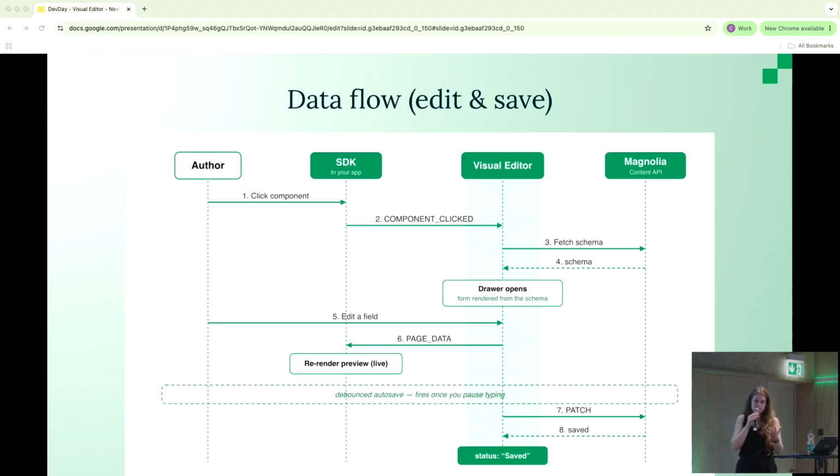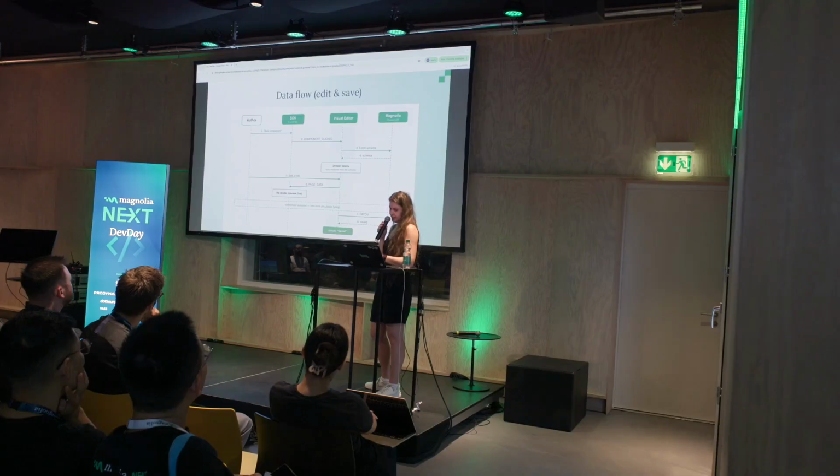When they interact with it and edit the fields, the visual editor, owning the data, updates its data and sends the updated data back to the SDK, your application, thanks to which we end up with the live preview of the page. And after some inactivity, the visual editor triggers the save using the PATCH request. If everything is all right, Magnolia says all good, and we show the status saved.